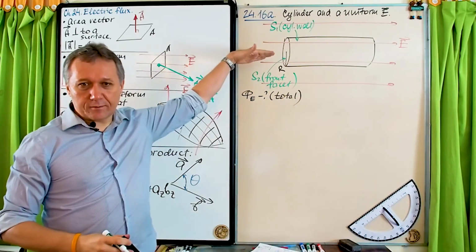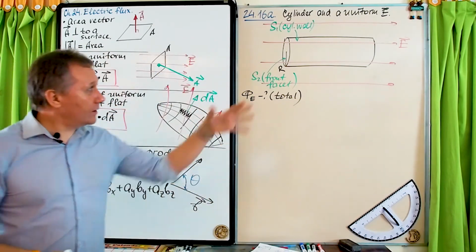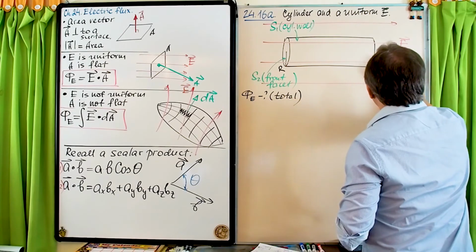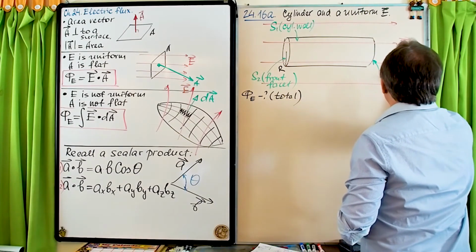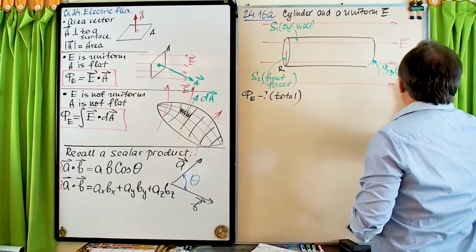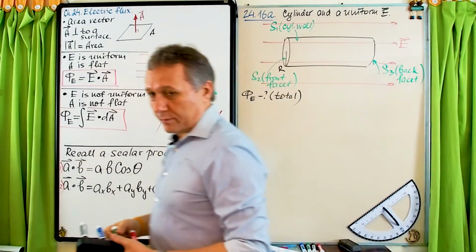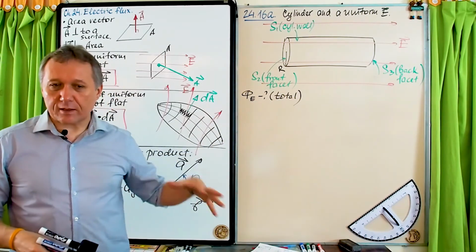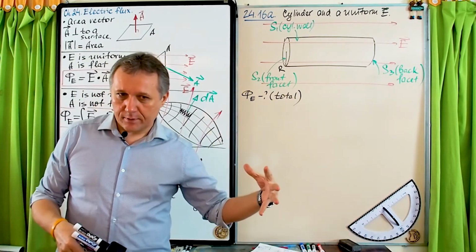This side, the front facet, S2, and then the back facet over here, S3, the back facet.